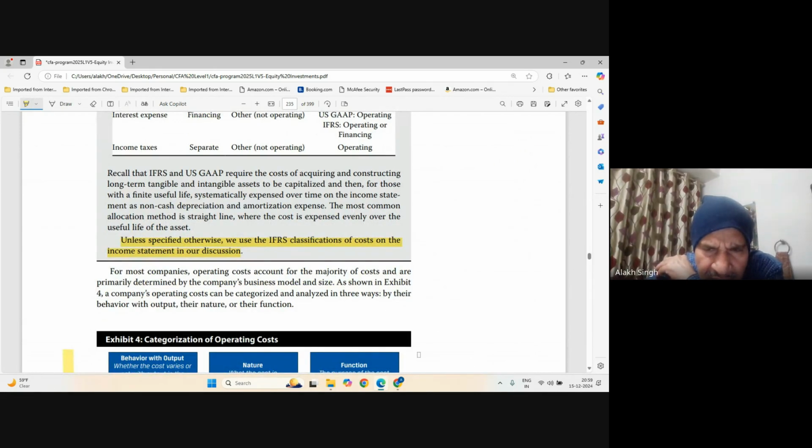The IFRS classification of costs: in financial statements we had studied what is operating cost, operating cash flow, investing cash flow, and financing cash flow. Interest cost is part of financing cash flow, so it will not be part of operating cost. Here is the summary of operating cost.